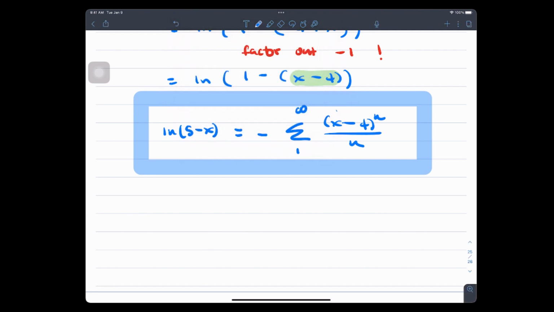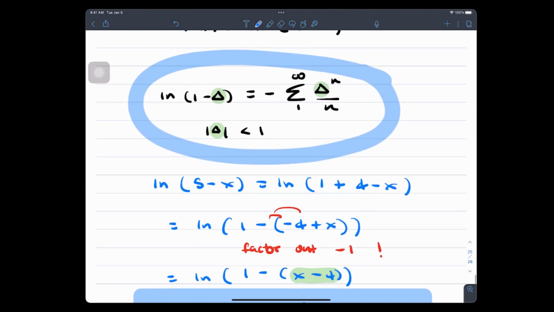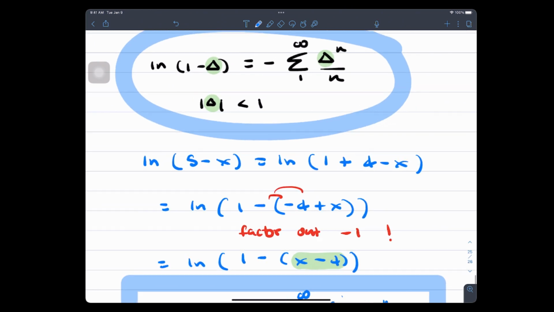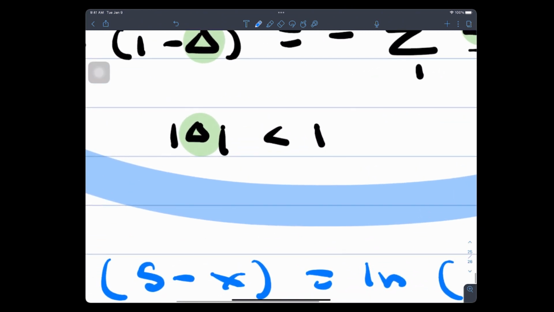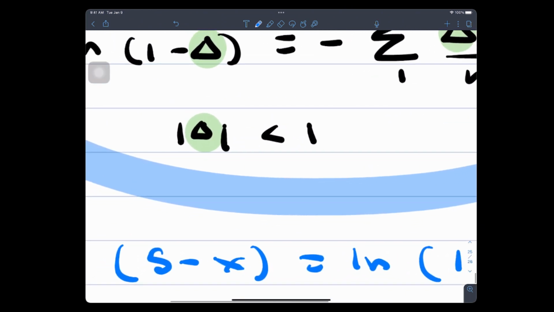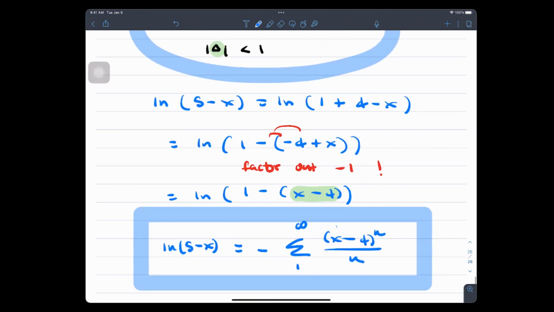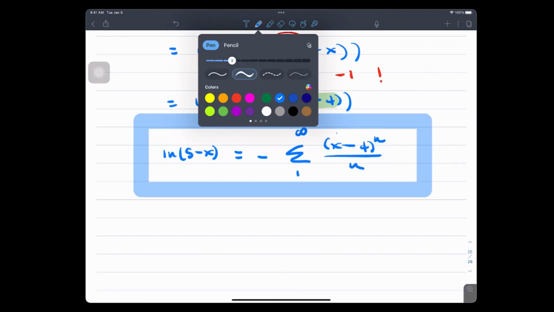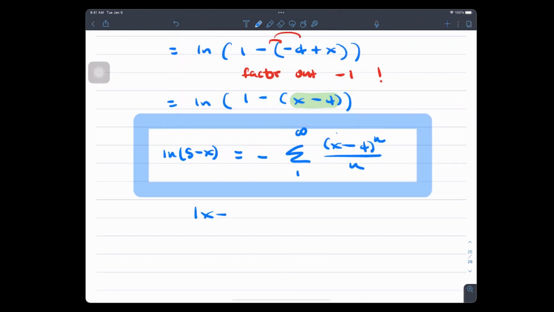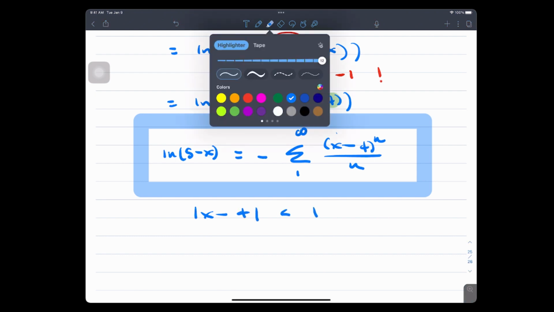There's the power series expansion, but what is the interval of convergence? Now you're going to use this. Absolute value is less than 1. Now, but what is in there? That green portion here. So this is going to be absolute value x minus 4 is less than 1.